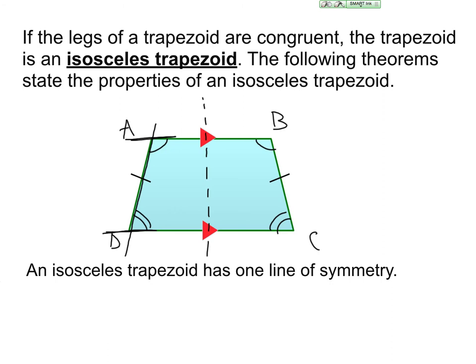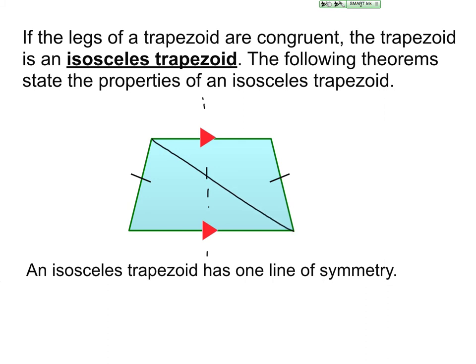All right, the theorem is going to say base angles are congruent. So notice how that matches with our definitions. The other part in a theorem is about the diagonals. Again, if we had time, we'd calculate or measure. Two diagonals. Do they look perpendicular?